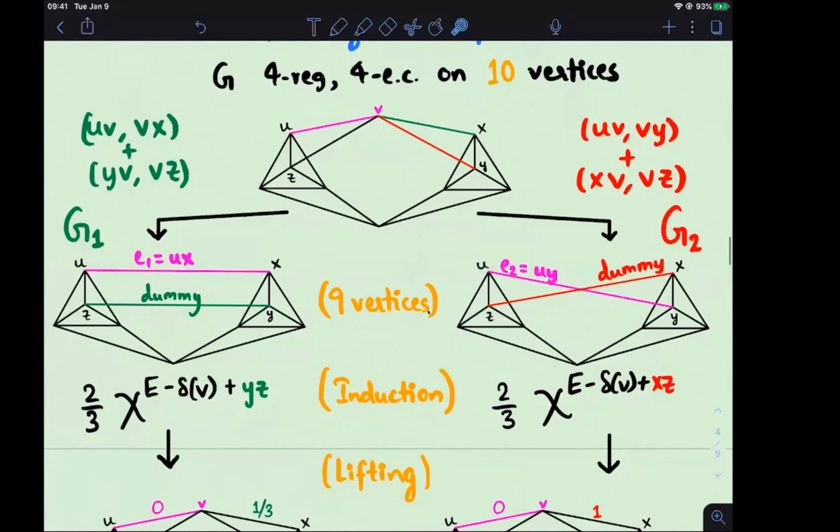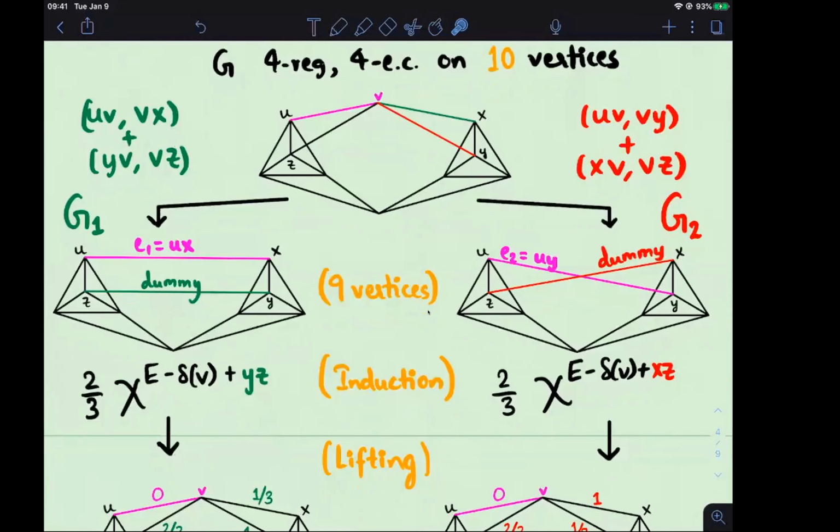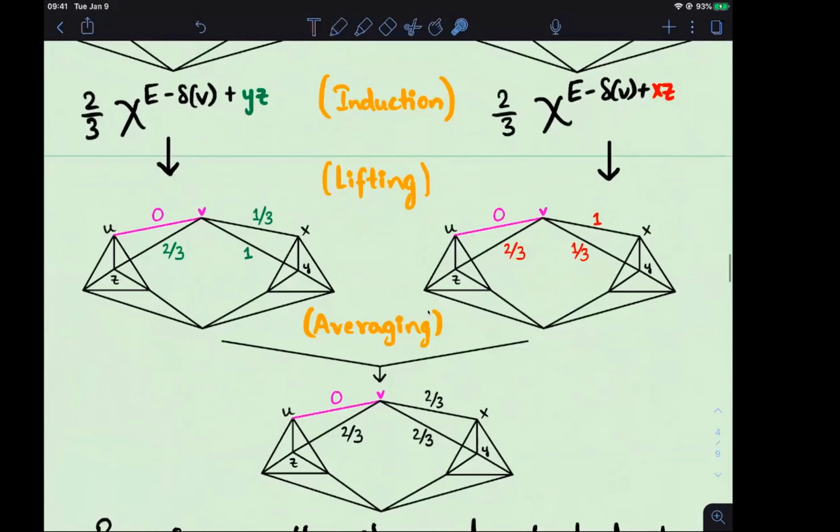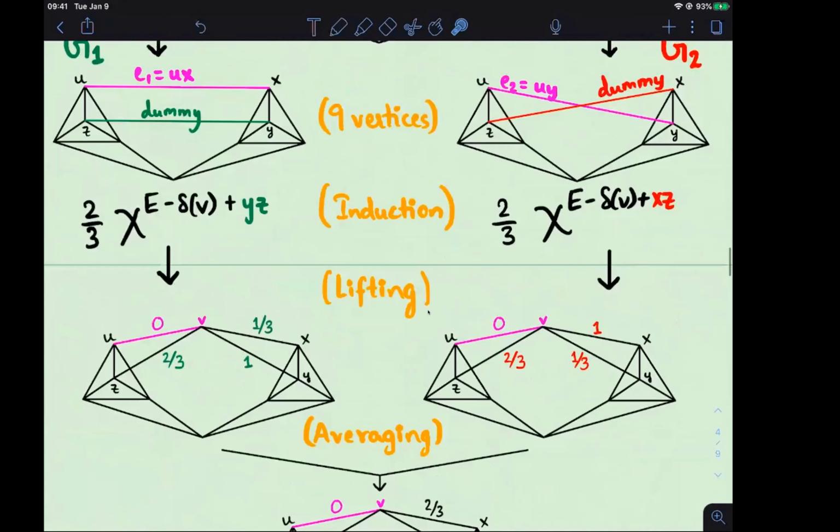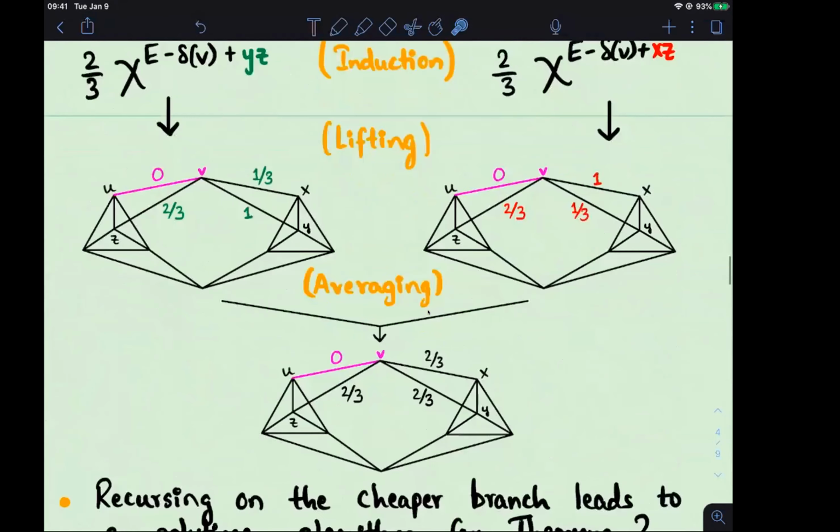Once we do this, we inductively solve these 2 sub-instances. For now, I'm just talking about a constructive result. So inductively, we can obtain a convex combination of these vectors in each of these instances. Then we can lift these solutions back to the original graph. I'm not going to describe the lifting operation, but it's not very hard. After lifting the solution, these convex combinations are a bit biased.